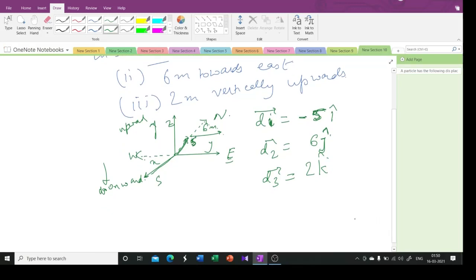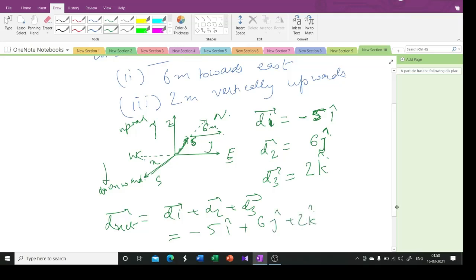So the question is, find the magnitude of the displacement, right? So what will the magnitude be? What is d net, the net displacement? That is simply d1 plus d2 plus d3, right? So that is nothing but minus 5 i cap plus 6 j cap plus 2 k cap.